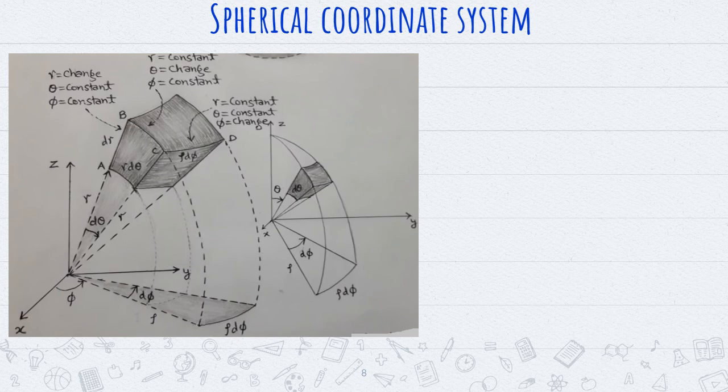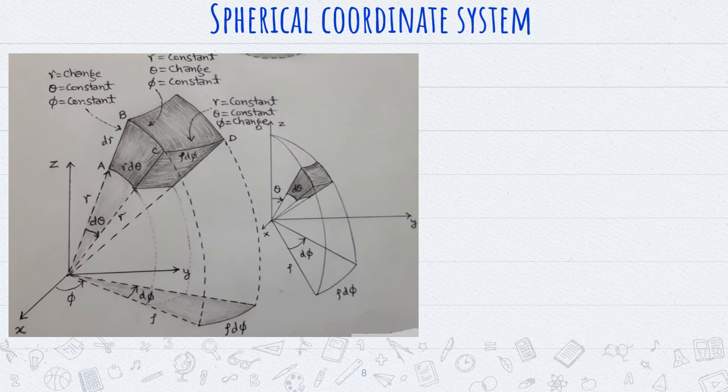So this side is rho into d phi. For now just keep it in mind that the third side is rho into d phi, along the phi direction. How rho will be replaced, I will discuss in the next slide.